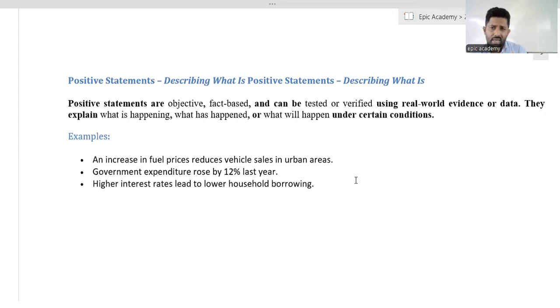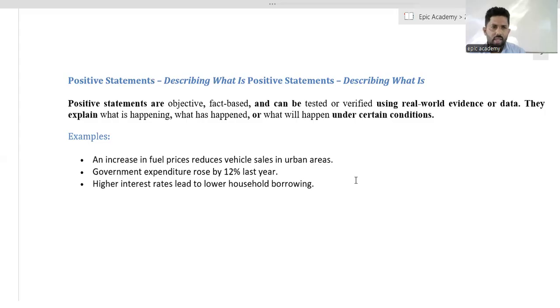You can check it by searching the website of the Central Bank of Sri Lanka, cbsl.gov.lk. You can check the value of $1 converted into LKR. So using real world data or evidence, you can verify whether that statement is correct or not.